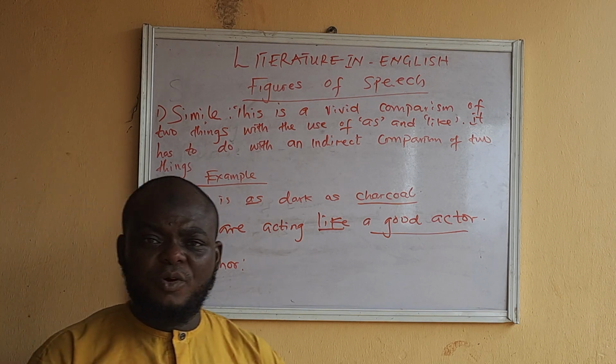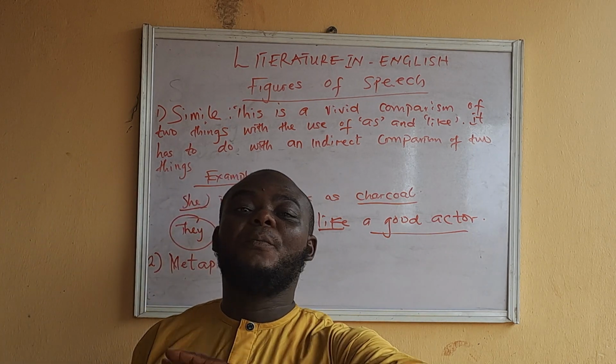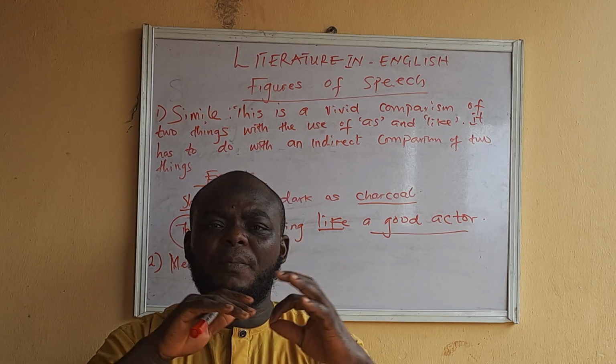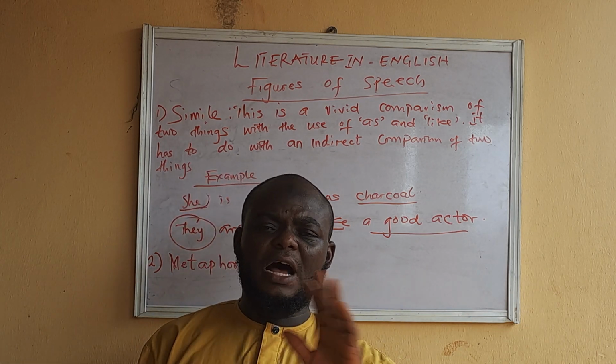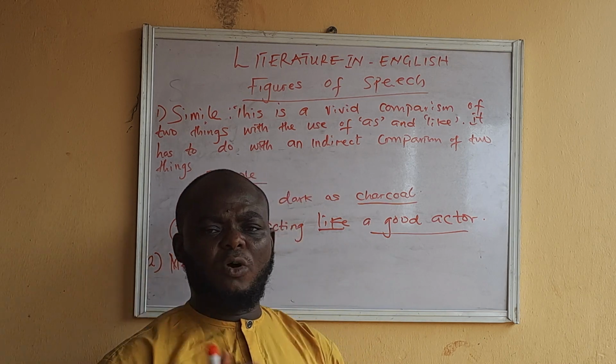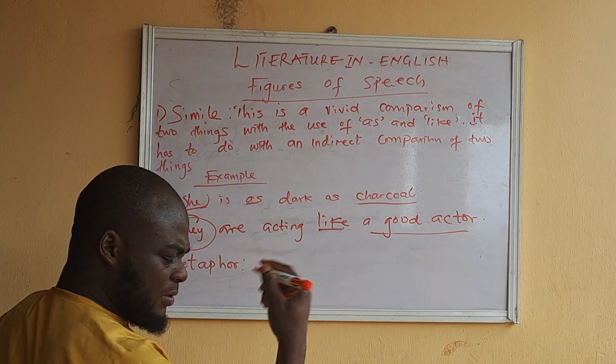Now here, because it is a direct comparison, we are not using any word in the comparison. There is no use of as, there is no use of like. Because it is direct, we take the two objects and compare them directly. Now let's write the definition.